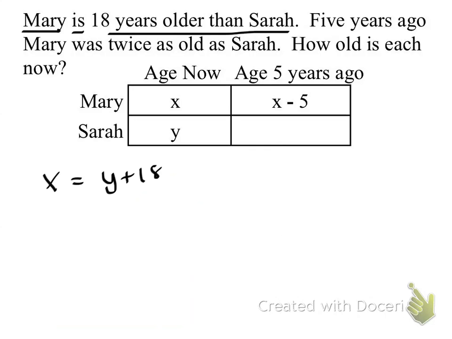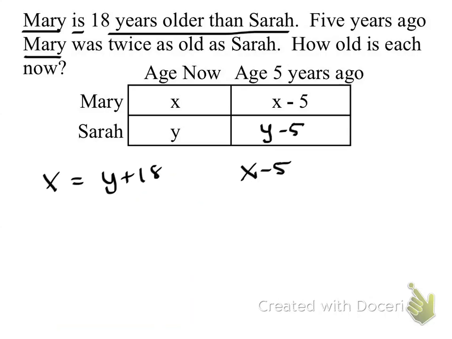Perfect. Now, here's the harder part. Okay, here's the harder one. 5 years ago, which terms am I going to use? The first column or the second column? Jessica, what do you think? Well, the second column. X minus 5, that's Mary.